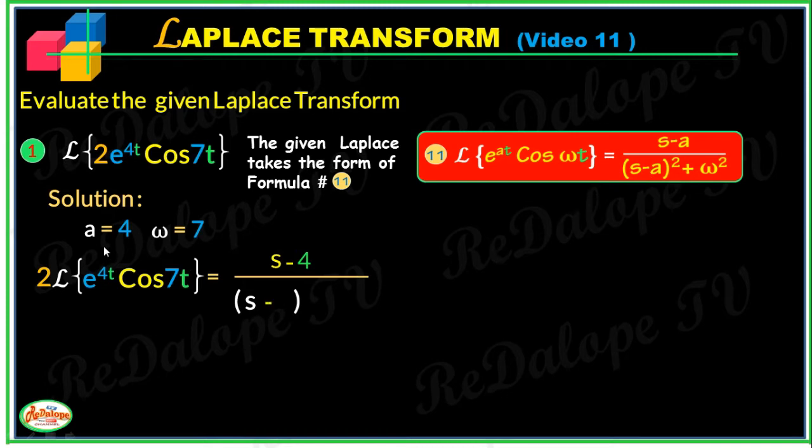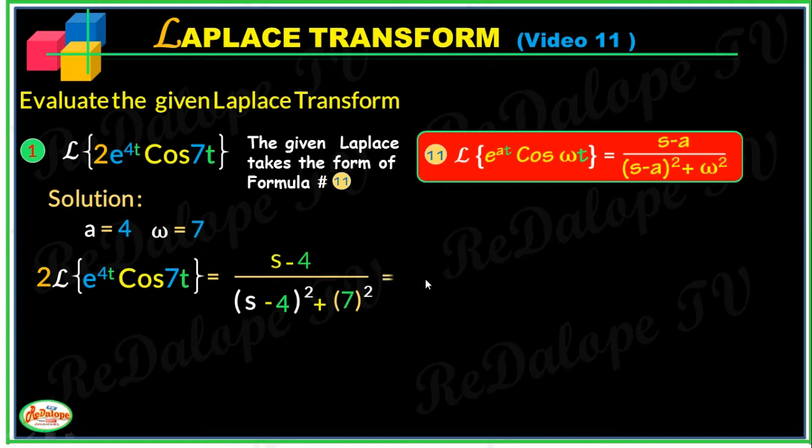A is equal to 4, so we have 4 here, and that is being squared, plus omega is equal to 7, squared, 7 squared. Simplifying it, since there is a 2 here, which is the multiplier, we multiply this quantity by 2.